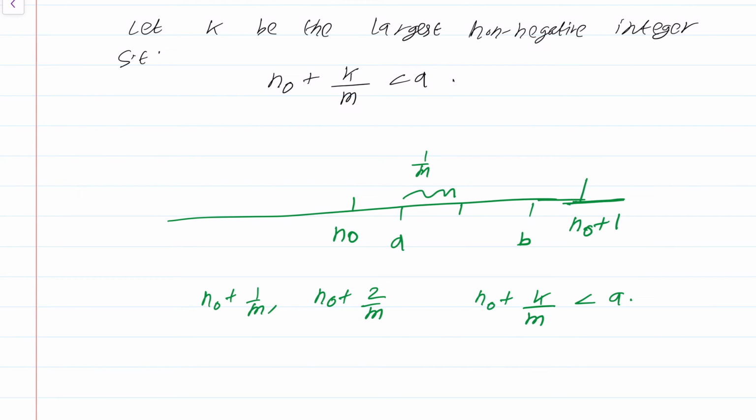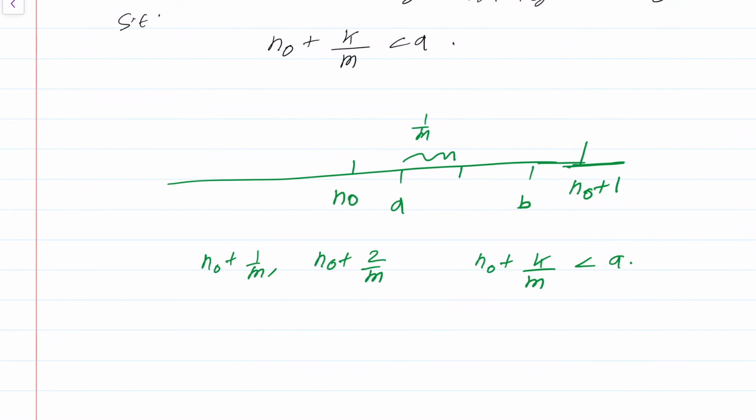There will always be such an integer simply because n naught is less than a. n naught plus 1 by m could exceed a, in which case the choice of k would be just 0. When k is m, you get n naught plus 1, which certainly exceeds a. So there will always be such a largest integer.